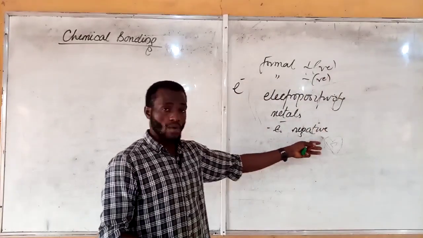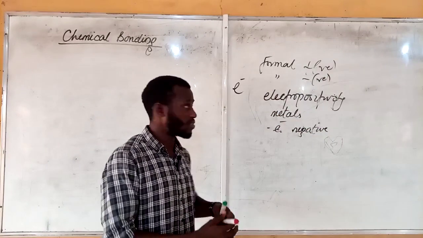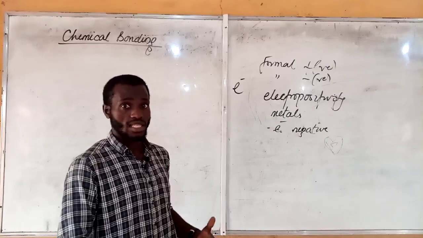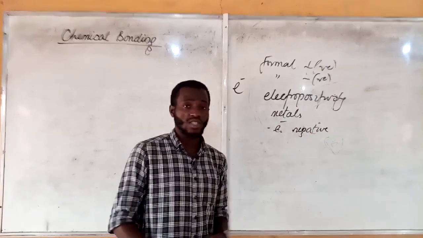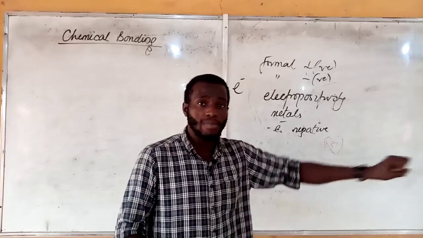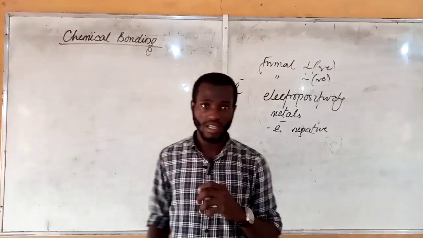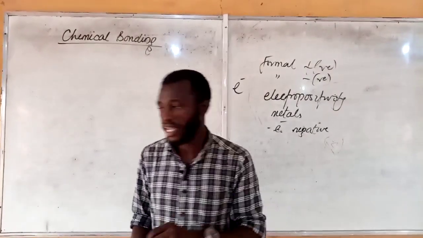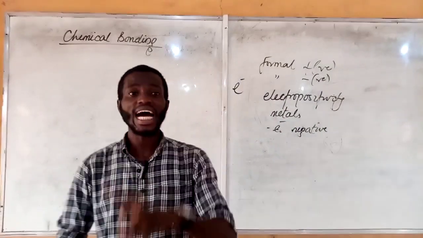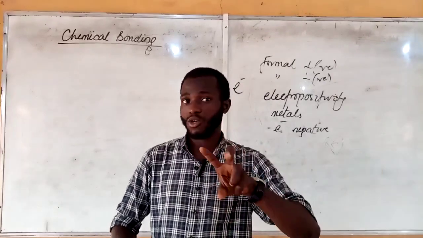Hence the reason why we call them electronegative and electropositive. Electropositive because it has excess electron, it can donate, while electronegative is electron deficient, it has the ability to attract electrons to itself, collect electron. Is that okay? And this is the basis of chemical bonding, either an electron transfer or an electron sharing.